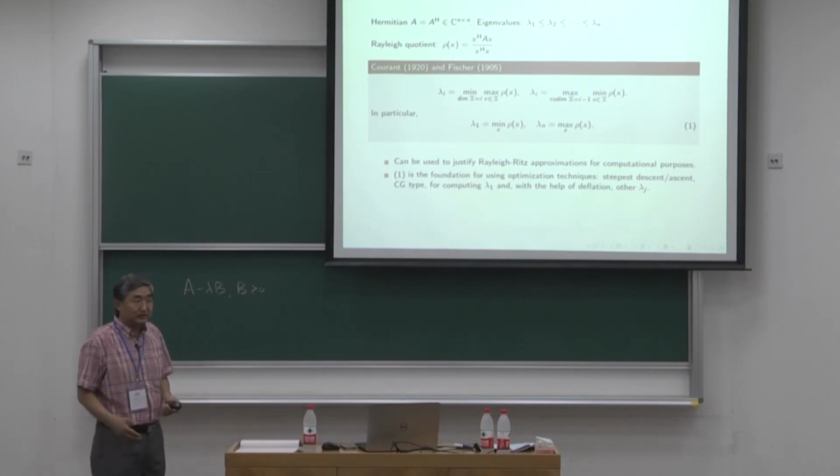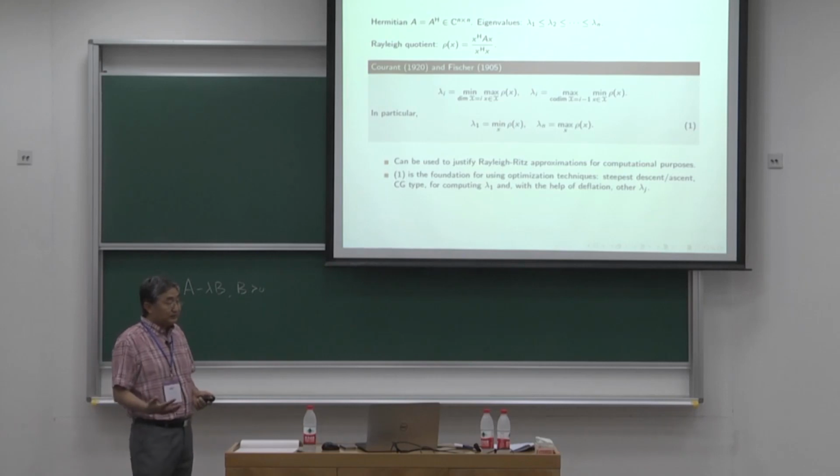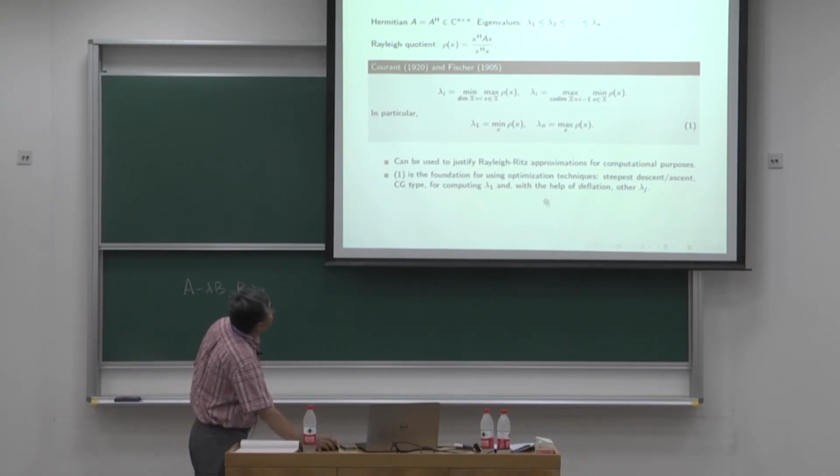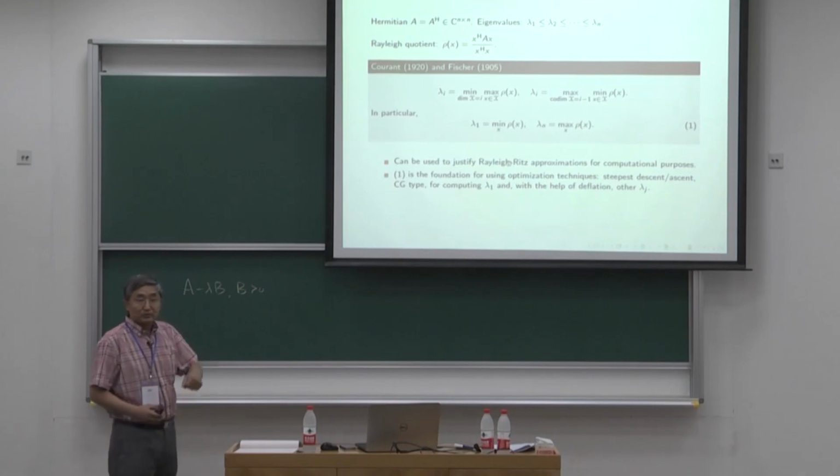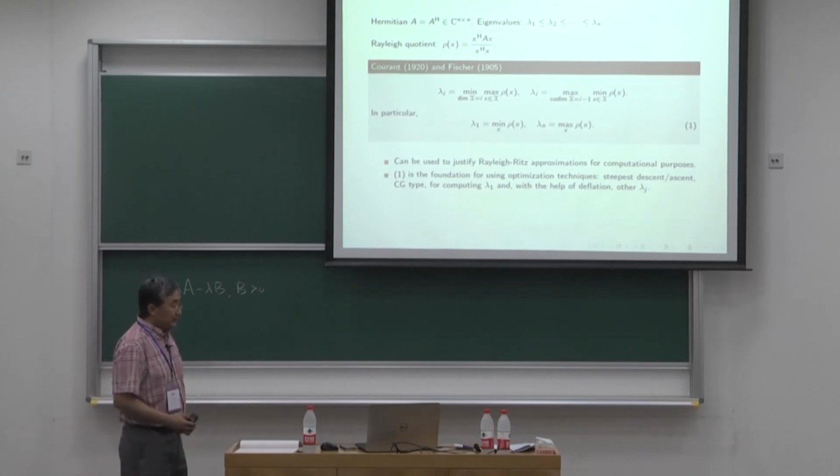They're used in optimization methods for solving the eigenvalue problem, because this one is more complicated. With this one you just try to minimize rho(x). Another usefulness is that we can use it to justify the Rayleigh-Ritz approximation, and we'll talk about that later.